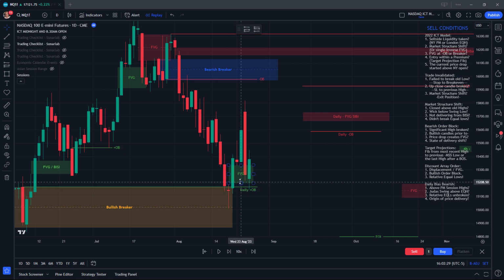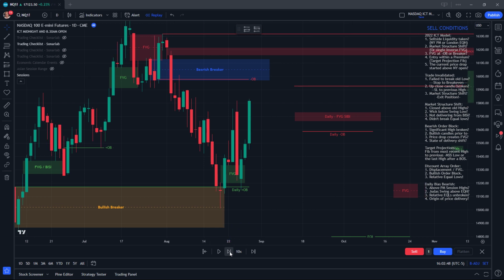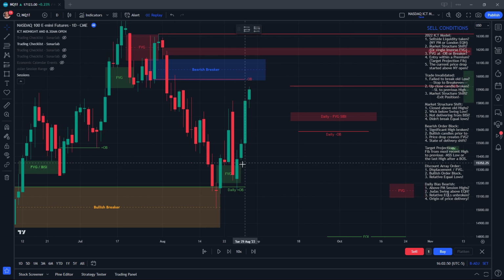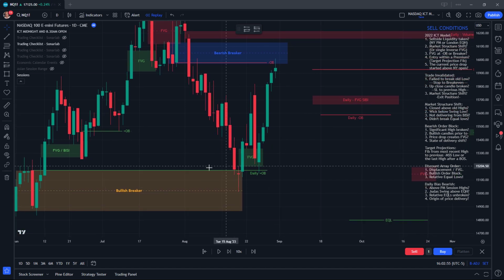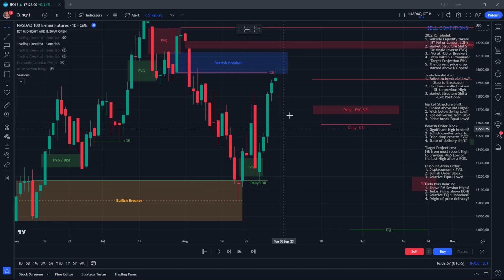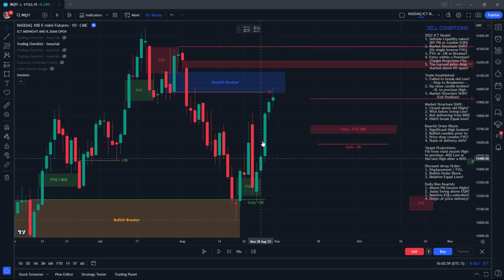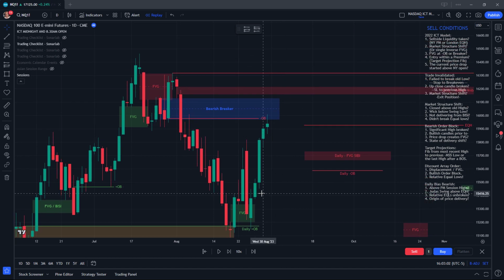Because now we've got buy side imbalance, bullish order block, bullish breaker, taken buy side liquidity here, and we've even had a market structure shift, so that's 5 PD arrays, and we get a very strong bullish move here. I like to see that if we can: the more PD arrays we have overlapping each other, the stronger our conviction can be that price is going to go up.